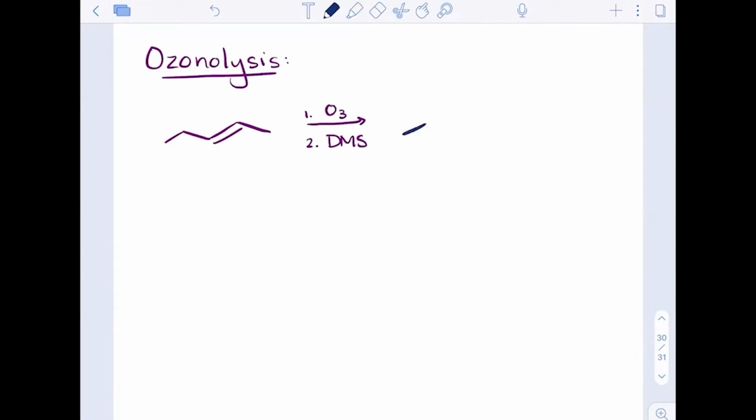And so what we get out of these reactions, and I'm going to try to draw it so that we can see where that came from, the actual double bond itself. We get a complete separation of our molecule and a full oxidation, creation of aldehydes and ketones here.